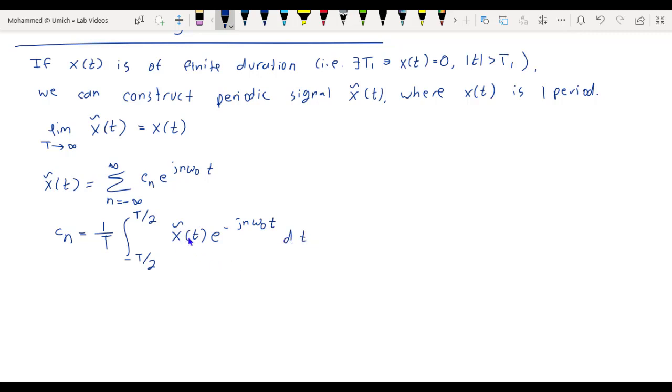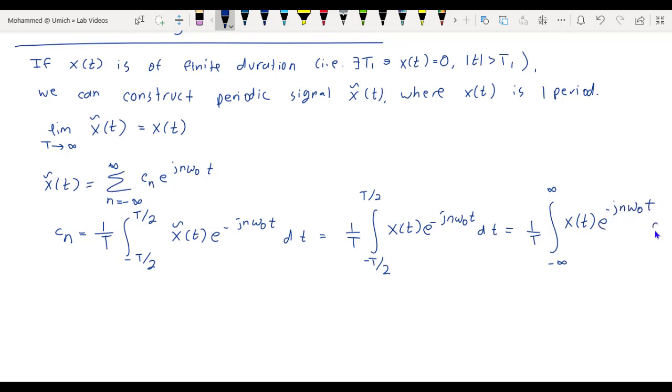Now, since x tilde of t equals x of t for absolute value of t less than the period T over 2, and also since x of t equals 0 outside this interval, we can rewrite the coefficient Cn as 1 over T times the integral from minus T over 2 to plus T over 2 of, instead of x tilde of t, simply x of t e to the minus j n omega naught t dt, which equals 1 over T times the integral from minus infinity to infinity of x of t e to the minus j n omega naught t dt.